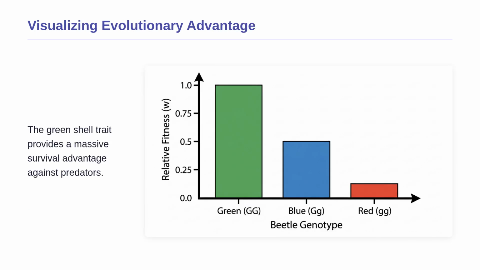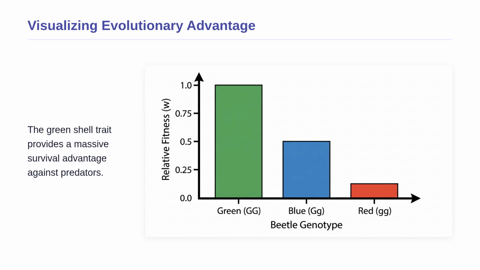To fully grasp what these numbers mean, let us look at this diagram. You are seeing a bar graph comparing the relative fitness of our 3 beetle genotypes. The horizontal axis shows the genetic groups, and the vertical axis shows their relative fitness score from 0 to 1. Notice how the green beetle bar reaches the absolute top at 1.0.